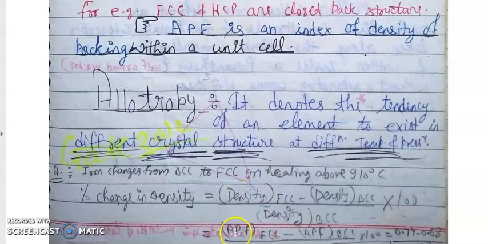As you know, the atomic packing factor of FCC is 0.74, for BCC it is 0.68, so (0.74 minus 0.68) divided by 0.68 multiplied by 100. Then you will get the percentage change in density if iron is changing from BCC to FCC, which equals 8.83%. This is a very important numerical question for your university exam. They may ask such questions in your university exam.